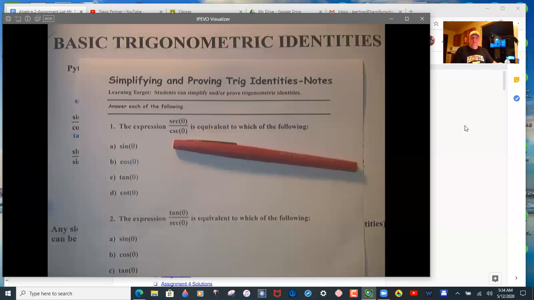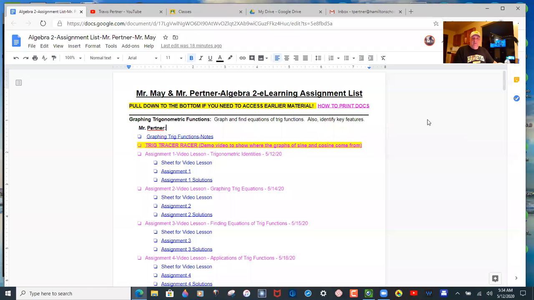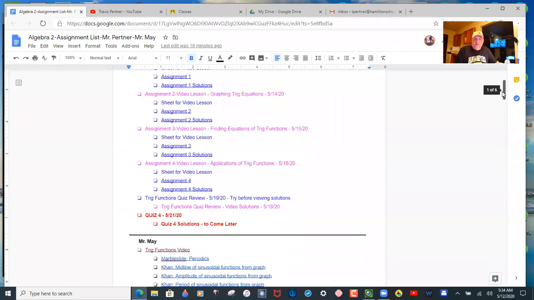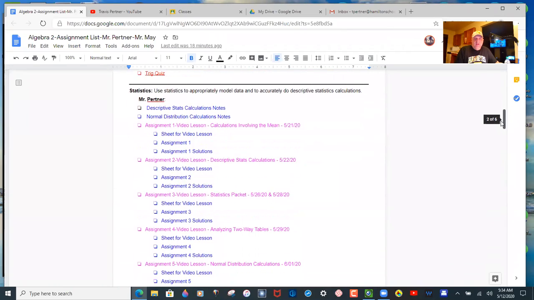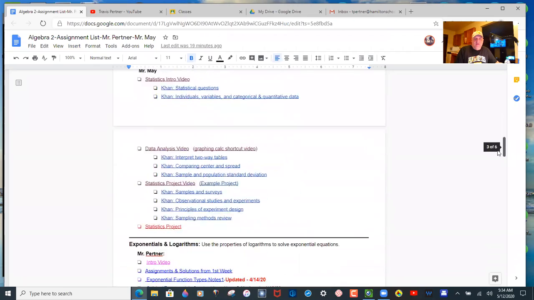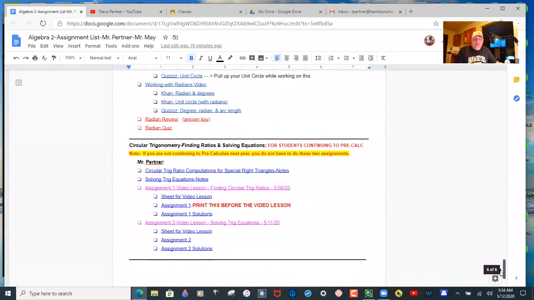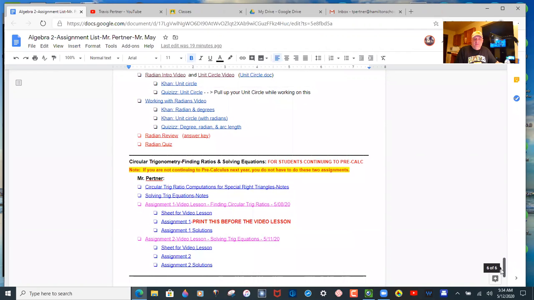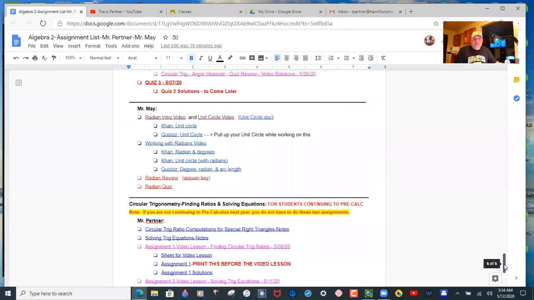Hello, everyone. So as we begin our fourth unit, I want to go to the doc here and remind you that if you need earlier material, you just need to come over here to this little scrolling bar and pull it down, and you'll see as you come down to the bottom, the last thing that we did, which of course are these two optional assignments meant for next year's pre-calc students.